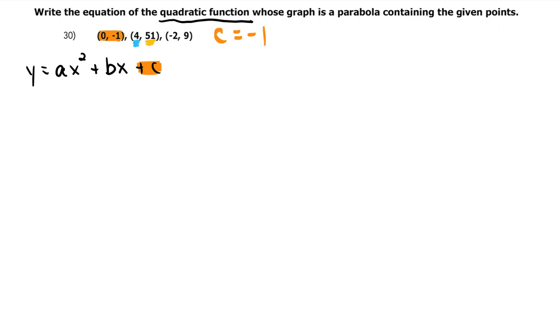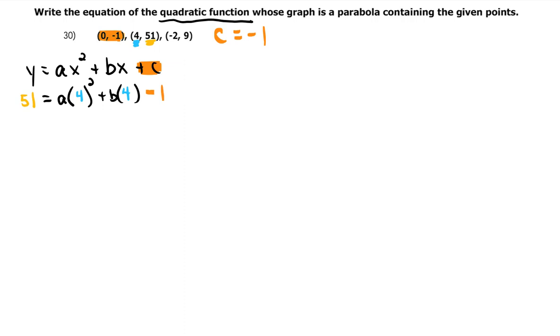So I'm going to use this equation and put the 51 where the y is, and where the x is, I will put the 4. Same thing over here. Where the x is, I'll put the 4, and then in place of the c, it'll be a -1.